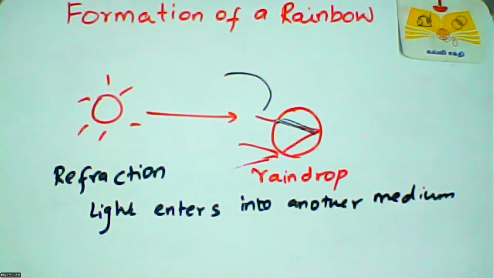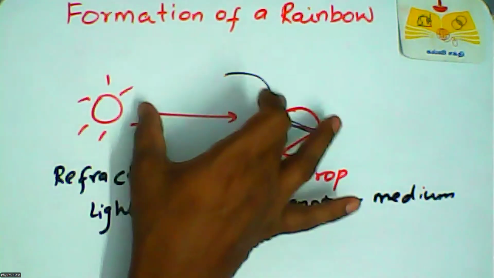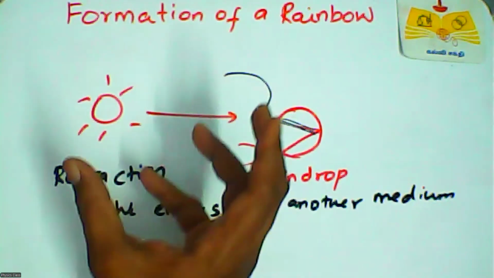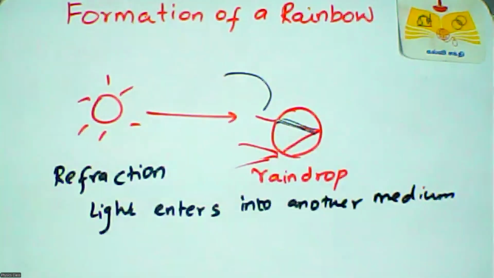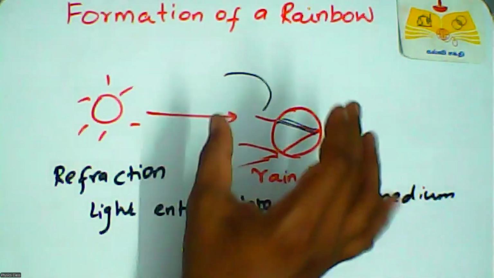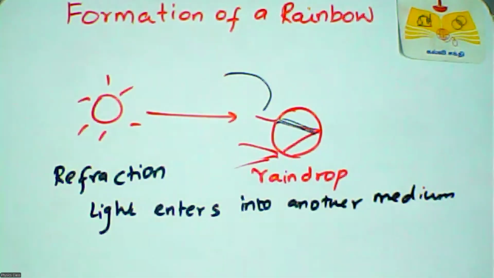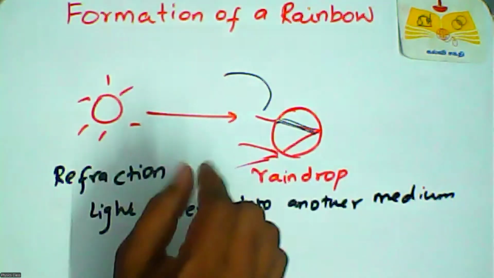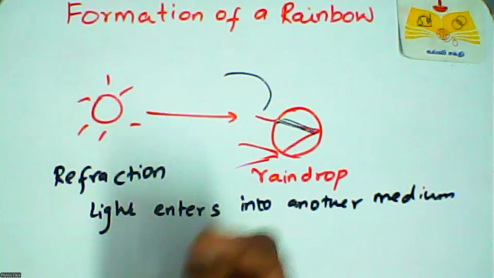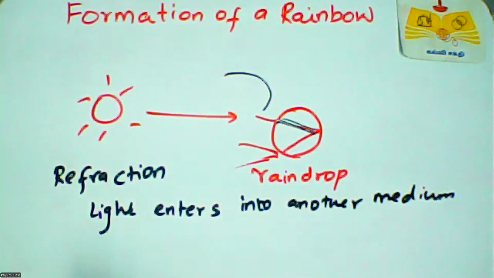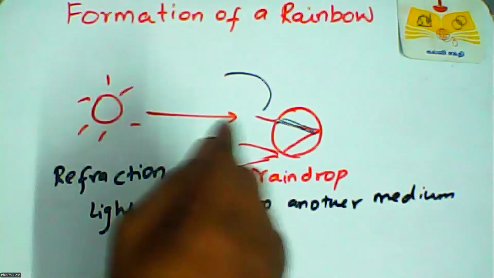You may know the speed of light in vacuum or air, and the speed of light in some other medium is less than that. In air, the speed of light is 3 into 10 power 8 meter per second, but in water or glass, light travels a little slower than in air. So the speed varies and light bends.